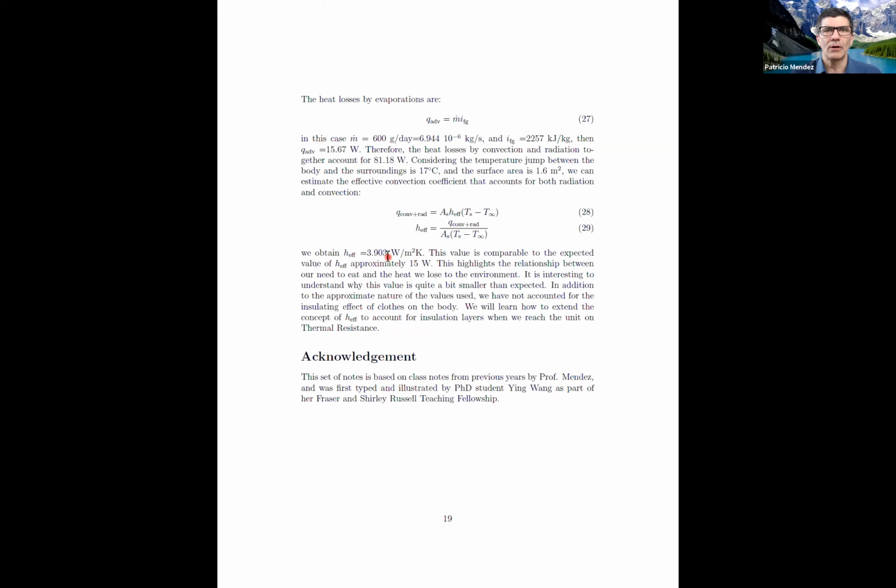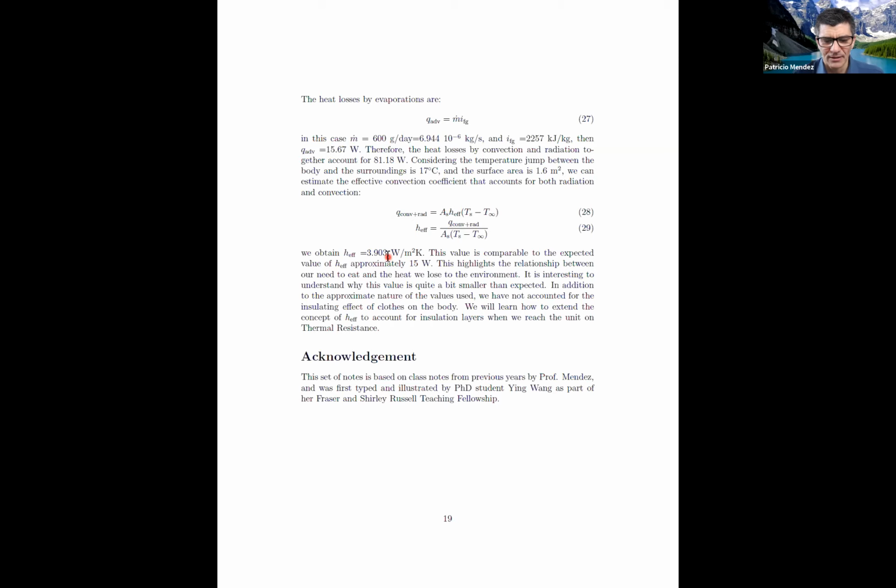Let's assume our lady is actually with clothes on. And clothes are thermal insulators. You know, because a jacket is a thermal insulator. And you know how much of a benefit it is when it's cold or windy to have your clothes on.